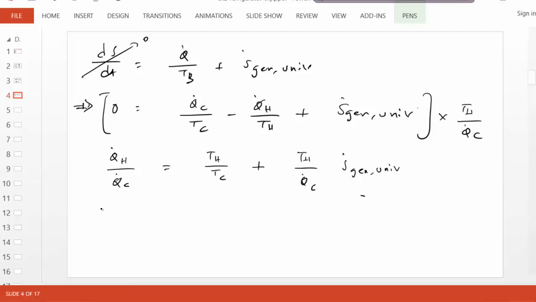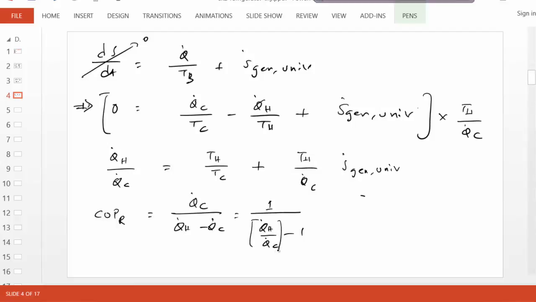So therefore, going back to the definition of COP of a refrigeration system, which is, if you recall, Q dot C divided by Q dot H minus Q dot C, if I divide the numerator and denominator by Q dot C, then we get 1 at the top and Q dot H over Q dot C minus 1 at the bottom. Any ratio, we can divide top and bottom by anything, and the equality will hold.